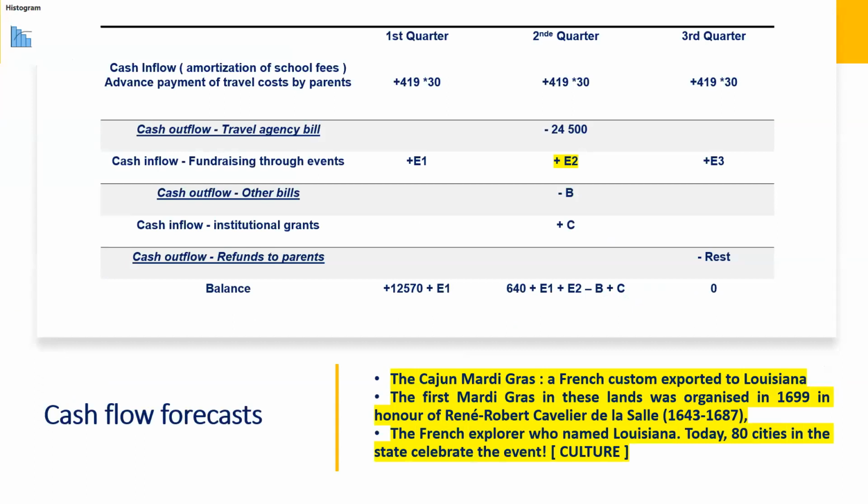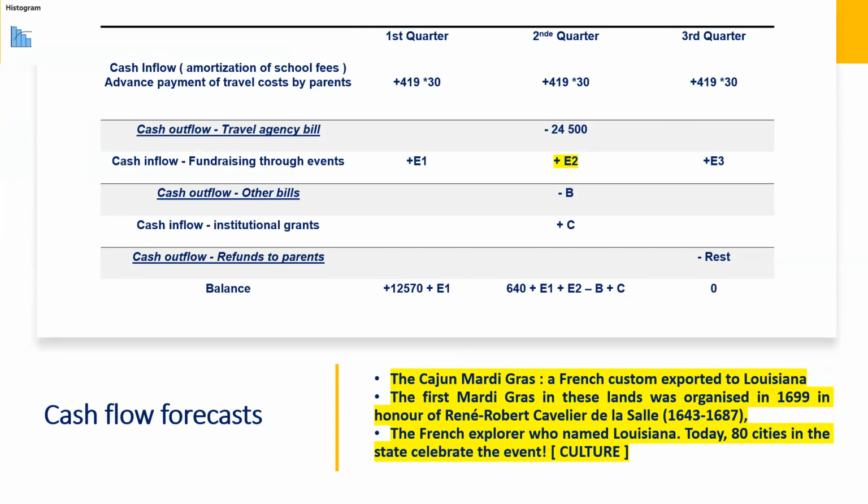So our project will not be possible without the help of parents. So we can see that in our cash flow forecast, in the cash inflow, we can see that parents contribute to this event.